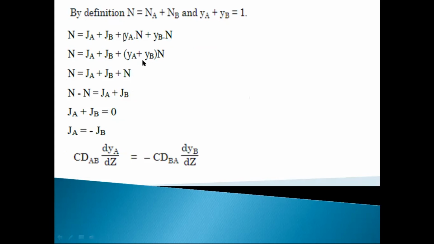We know that Ya plus Yb is nothing but 1. Put this value. So we get N is equal to Ja plus Jb plus N. Take this N to the left side, we get N minus N is equal to Ja plus Jb, and Ja plus Jb is equal to 0, and Ja is equal to minus Jb.